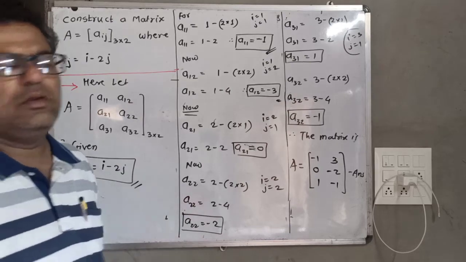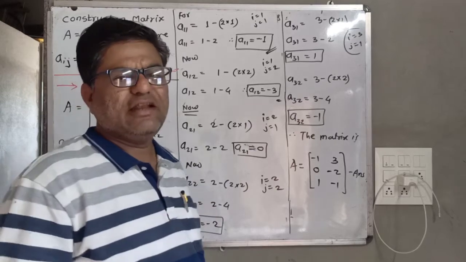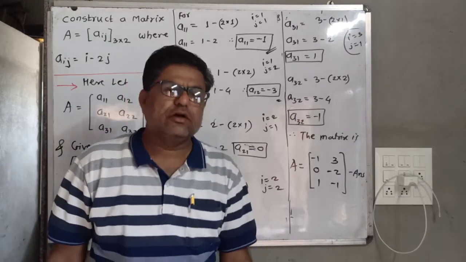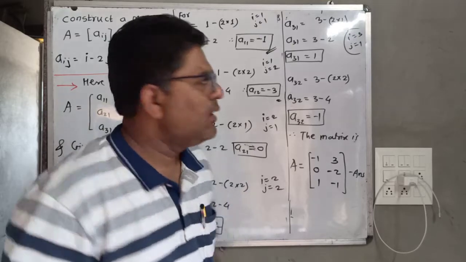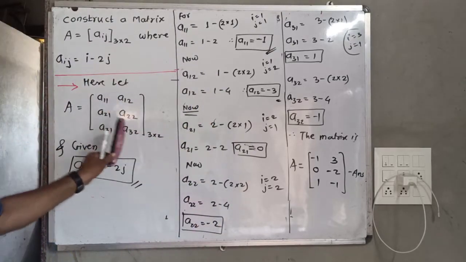Now using this step, you can solve a mini example and construct your own matrix. Here it is a 3 by 2 matrix, therefore we just take these elements.